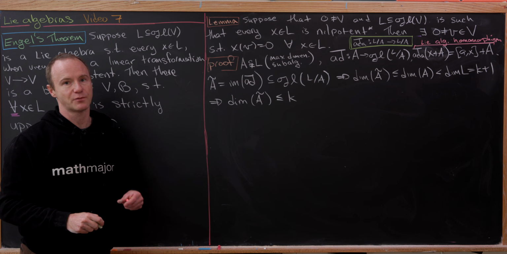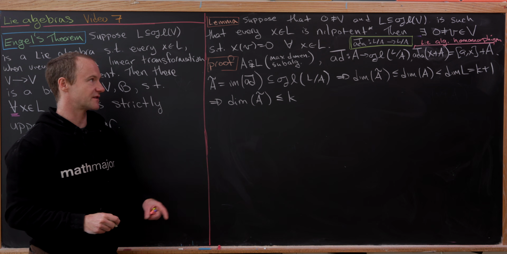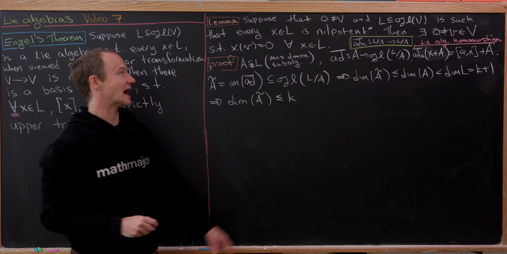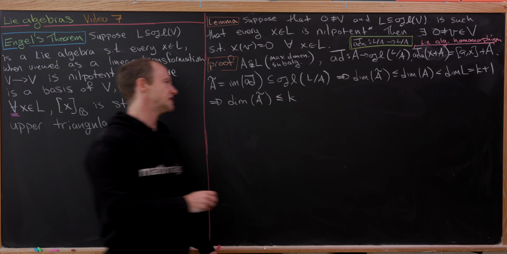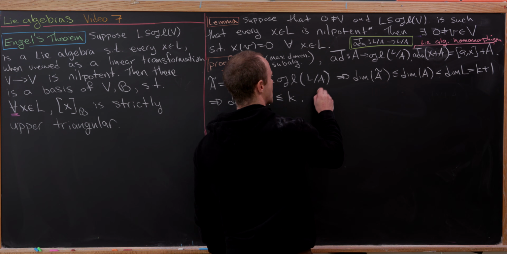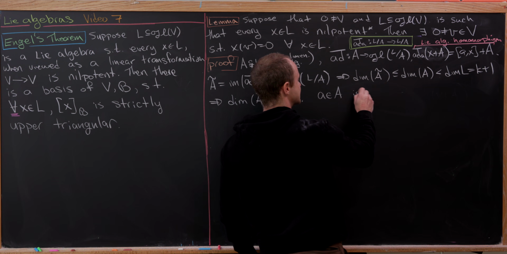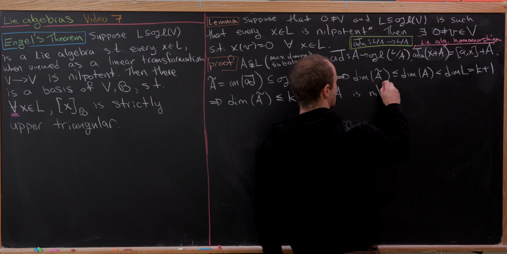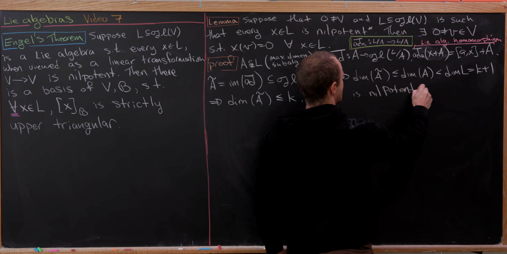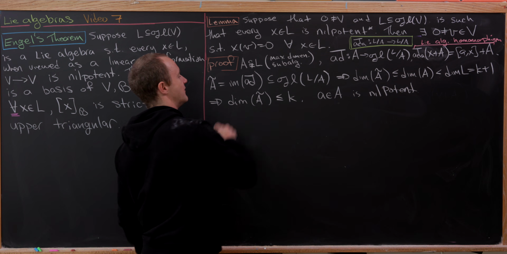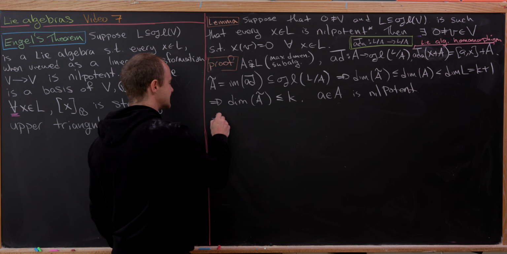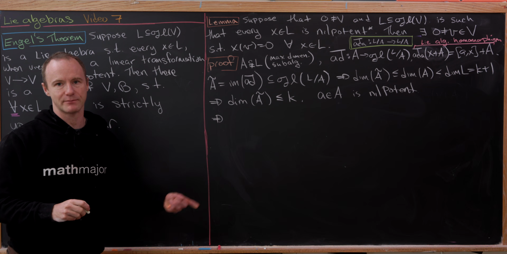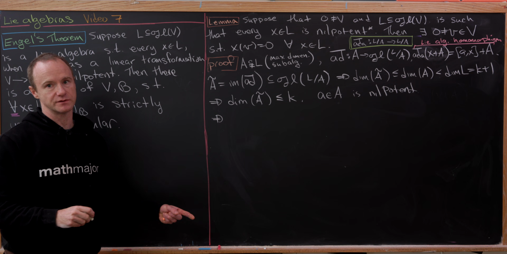But to apply the induction hypothesis, we need every element of it to be nilpotent. How do we do that? Here's something we know. Every a in A is nilpotent, simply because A is a subalgebra of L where everything is nilpotent. But if a is nilpotent, the adjoint map defined by a is also nilpotent.